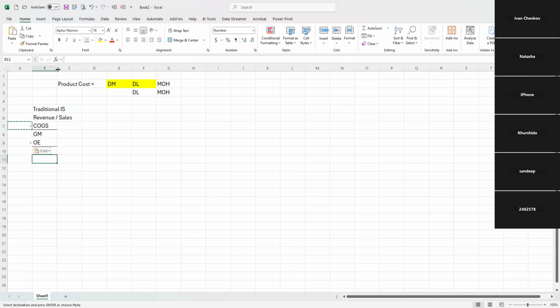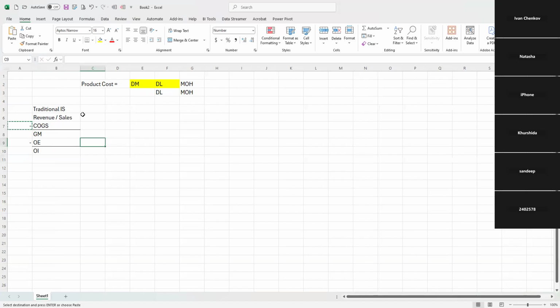Now, how are we going to move from the traditional income statement into the contribution margin income statement? We're going to do something very simple. We're going to get the costs, which are cost of goods sold and operating expenses.